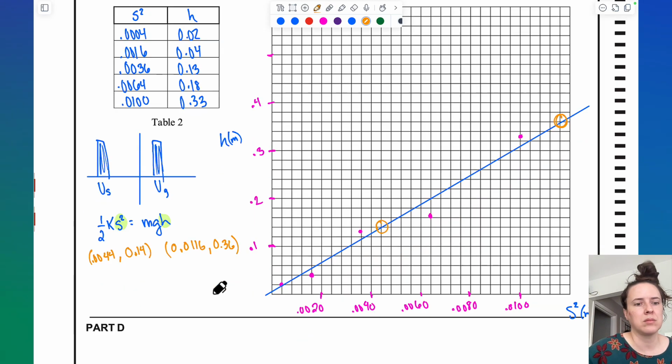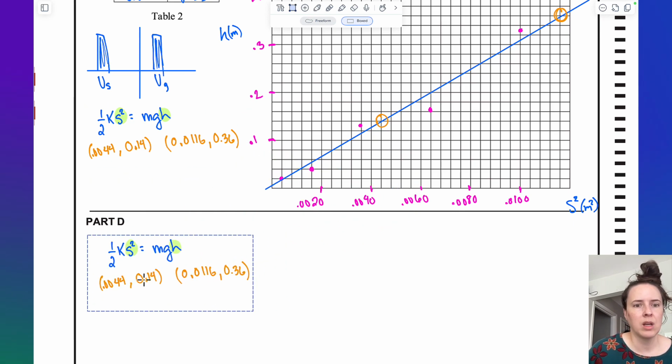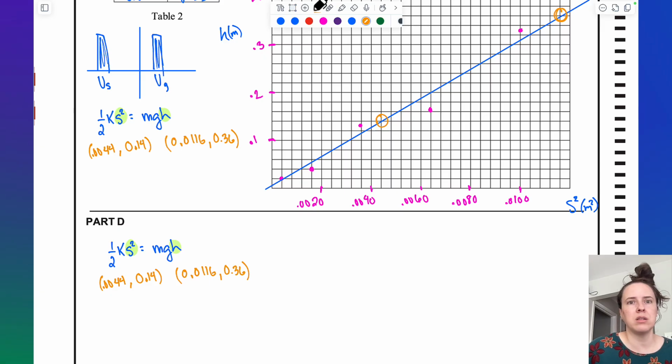However, we're going to want to make sure that we're utilizing our equation to help us figure out what that slope is going to be. So we put s squared on our x-axis, which means I want to rearrange this so that it looks like y equals mx plus b.